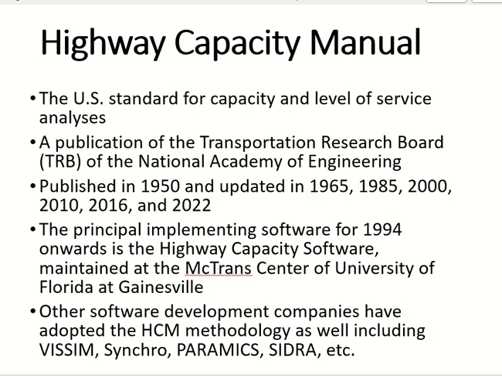The method for calculating capacity and level of service, which is followed worldwide now, is given in the Highway Capacity Manual. The manual is published by TRB, the Transportation Research Board. It's a very well-known organization. They do a lot of work in the field of transportation, and one of the things they are doing is publishing this manual.